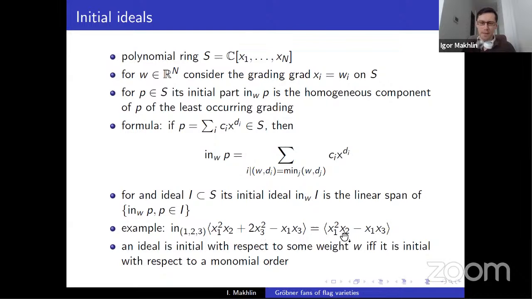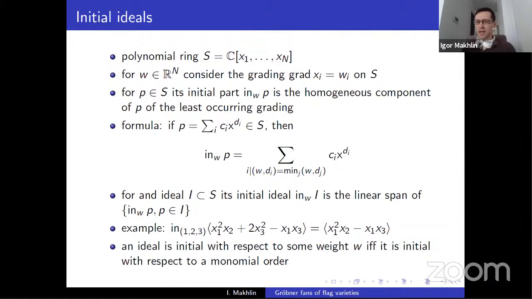So the initial part is the first one and the last one. And then of course, well, a simple fact is that if we have a principal ideal, the initial ideal is also always principal, and you just have to take the initial part of the generating element and generate an ideal by this initial part. So this is what happened here. We computed this initial ideal of a principal ideal.